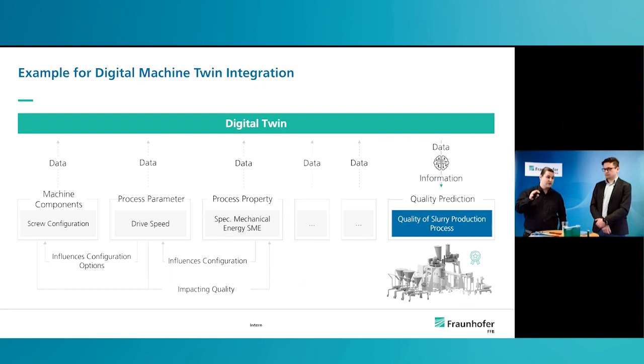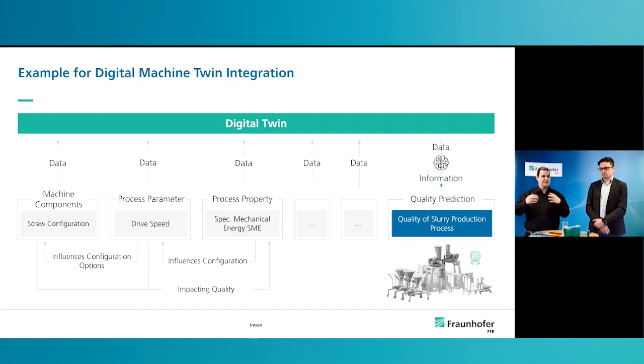But while we do that, we also see that the properties of my process are influencing my actual process parameters, while the parameters are also influencing the configuration I need for my machine, while my machine components and the configuration of them impact my quality for my actual process properties in there.